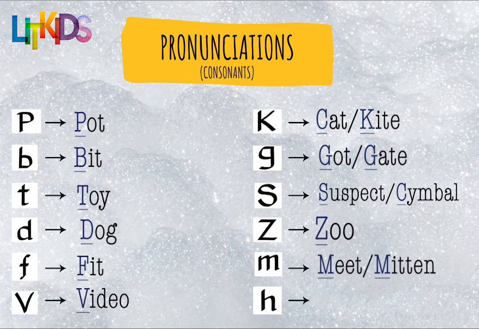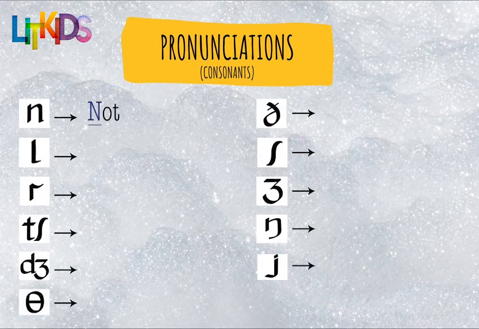Then we have the m sound as in meat and mitten. We have the h sound as in hit and hot. We have the n sound as in not. We have the l sound as in the word light. We have the r sound as in right.